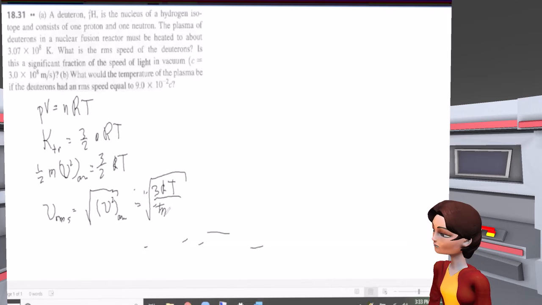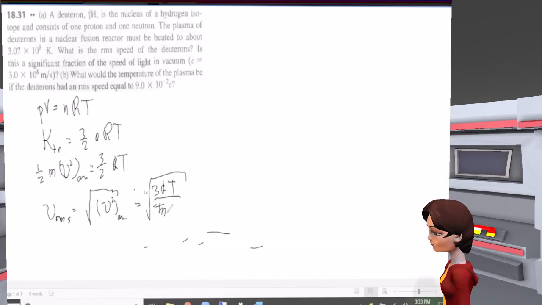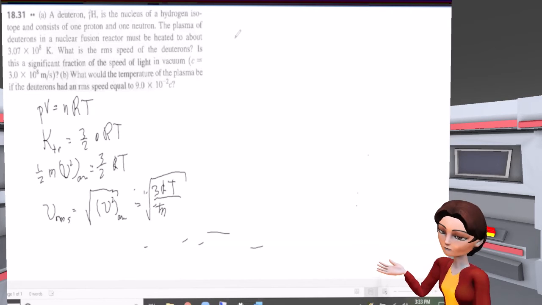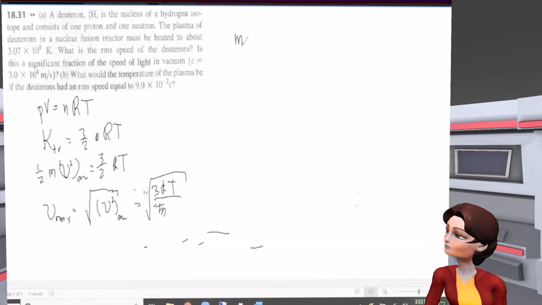This is the root mean square speed, so to answer this question we will need the temperature and the mass of a single particle, a single deuteron. Since we have the temperature there, what is the mass of a single deuteron?